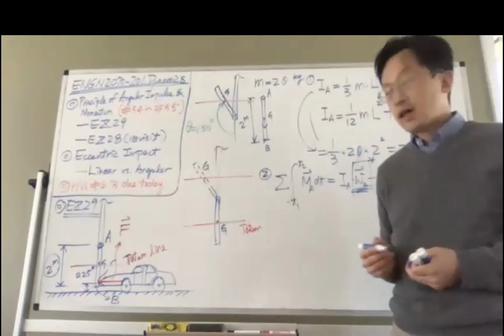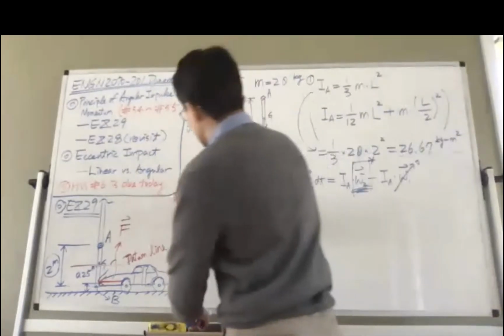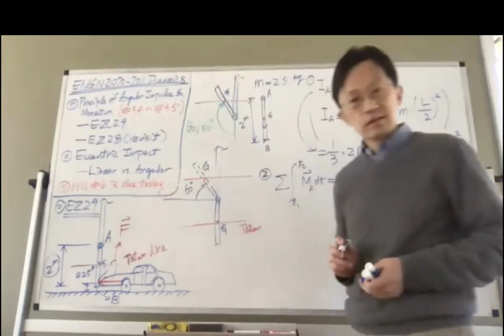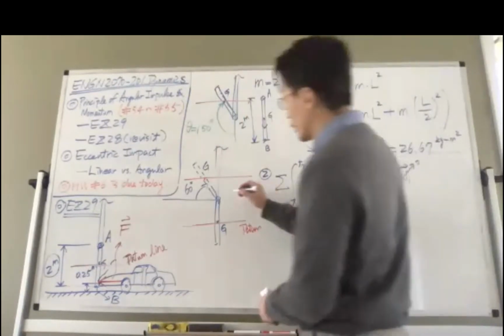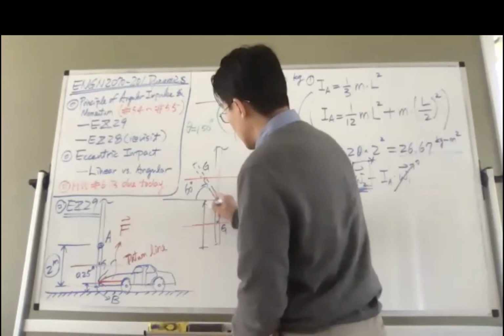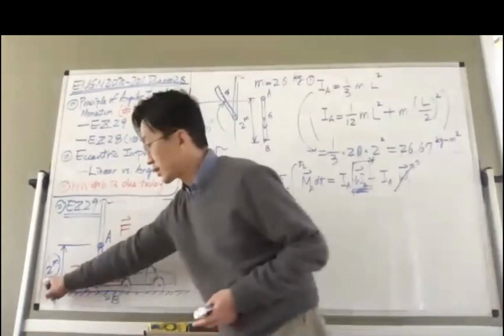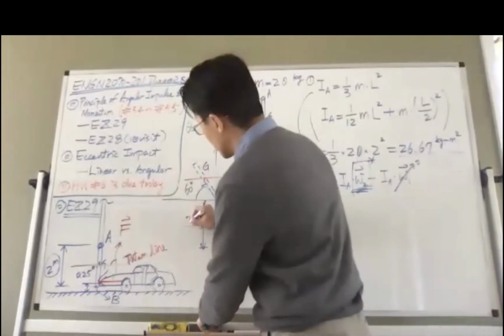Correct? And because it's 150, so we know that what's this angle here? 60. Correct? And we also know the length of the door, which is 2 meters. So you know that this is 2 meters.